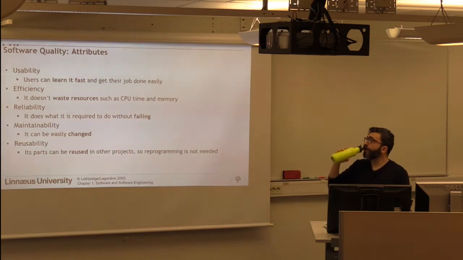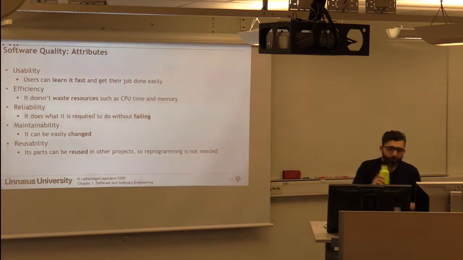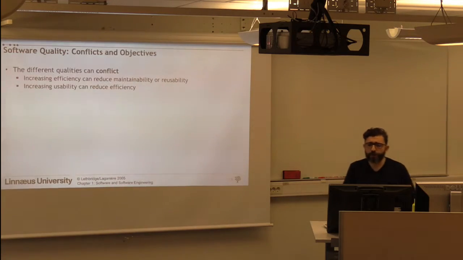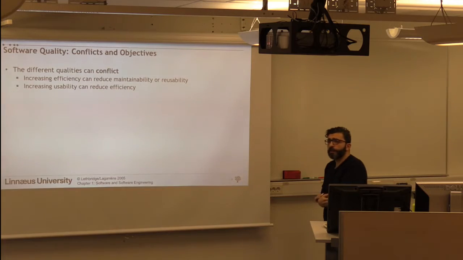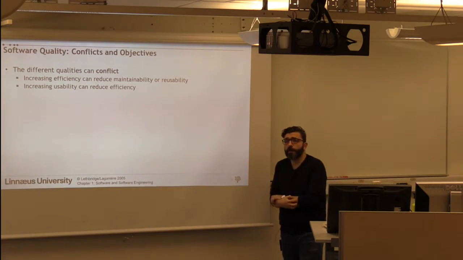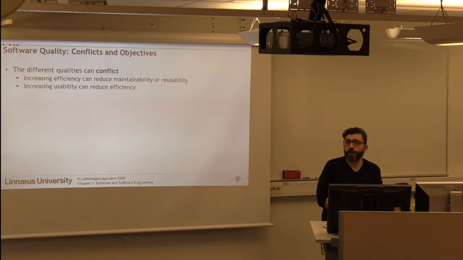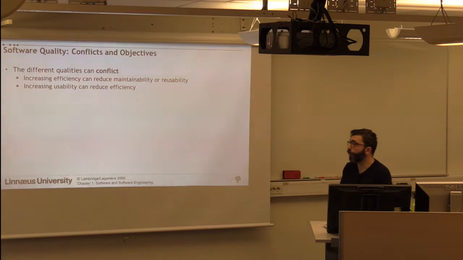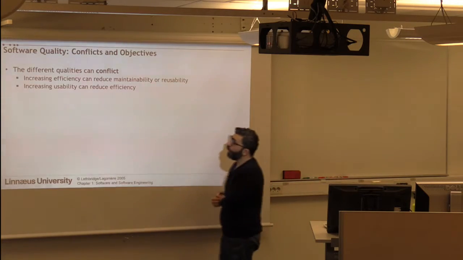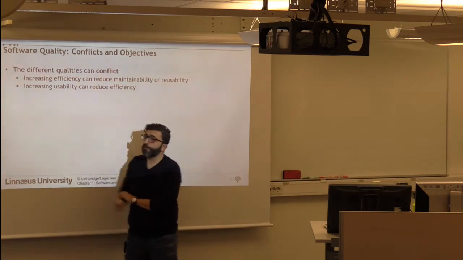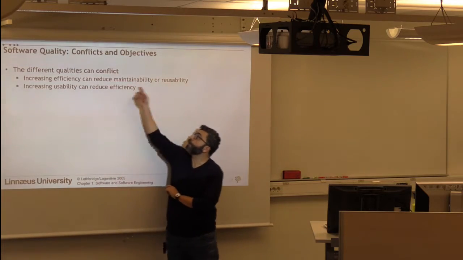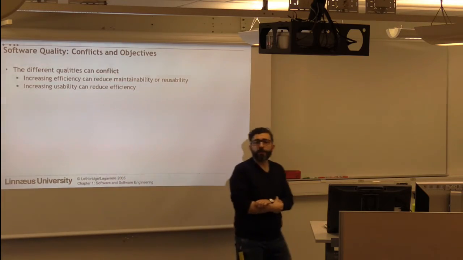Many different attributes, and it's very worth noticing that some of these attributes might clash, might conflict with each other. So usually when you try to increase the efficiency, you reduce the maintainability or reusability of the software.